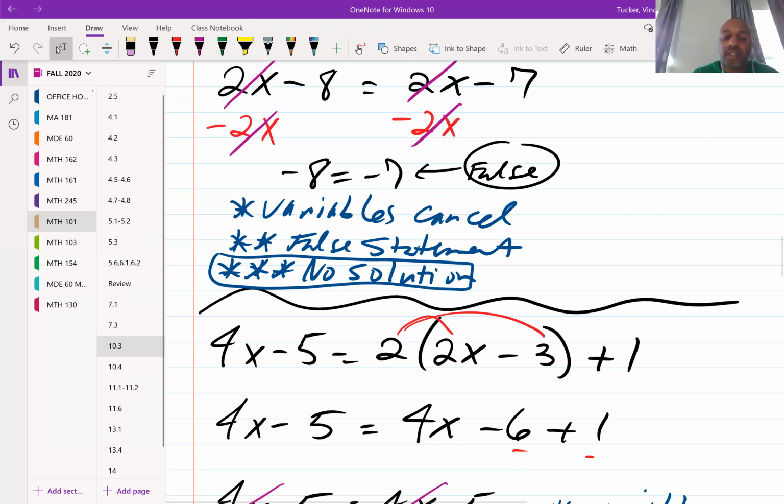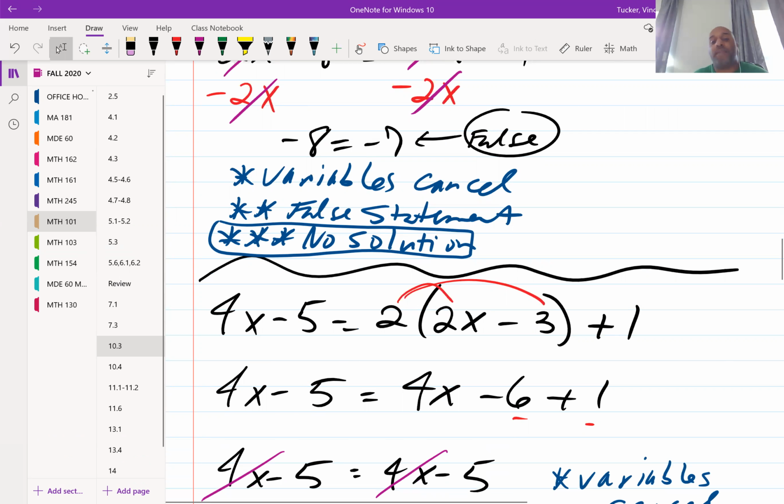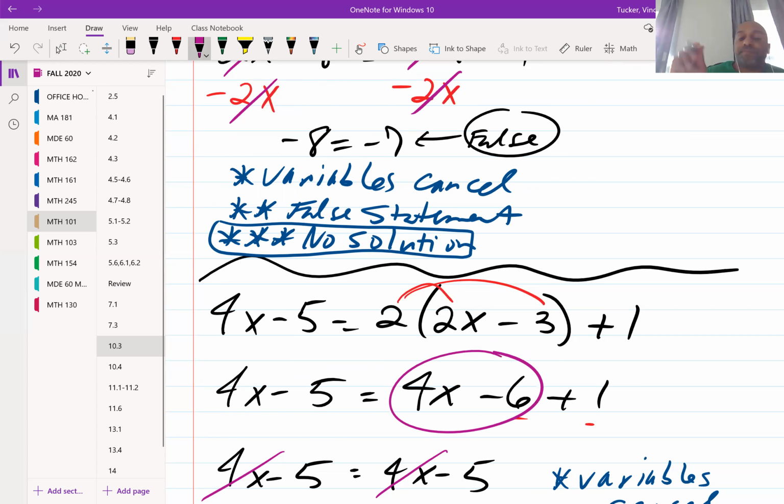All right, next problem, very similar. We have 4x minus 5 equal to 2 times the quantity 2x minus 3, plus 1. Distribute that 2. That'll give you 4x minus 6 plus 1 on that right side. Combine your like terms.